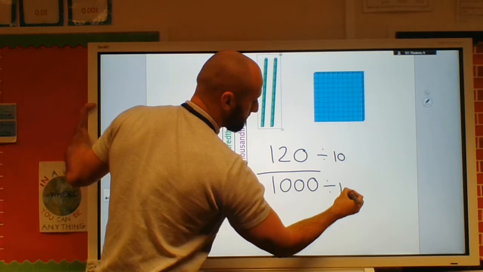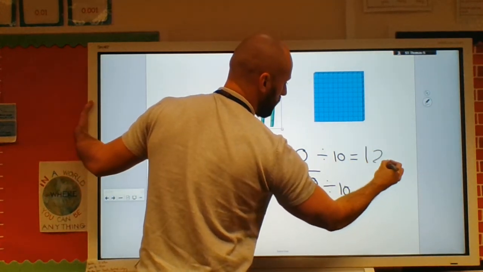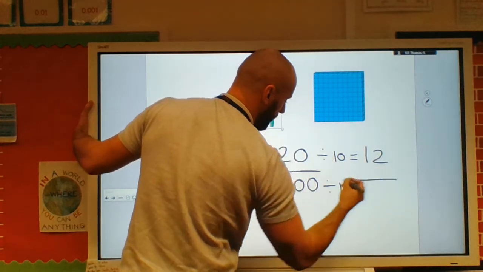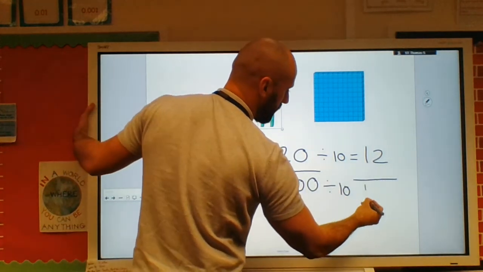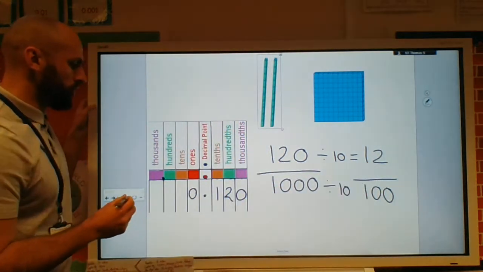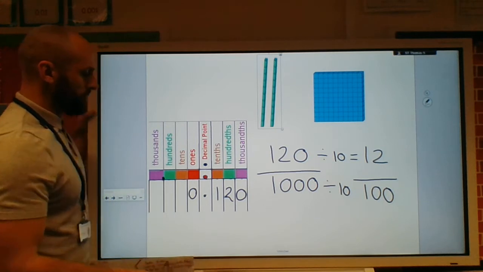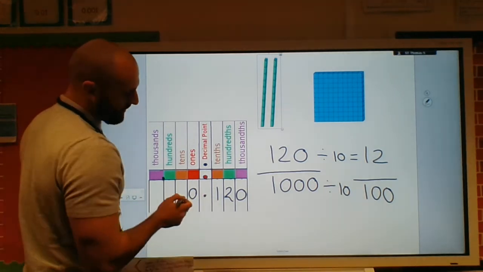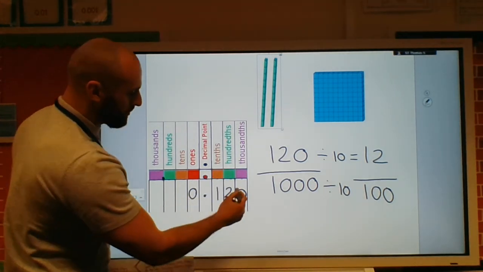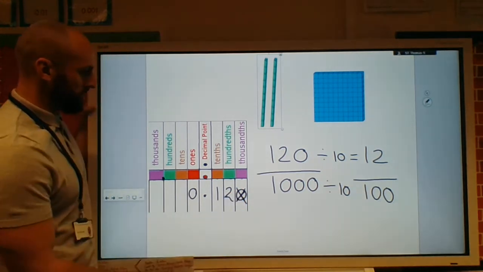So, 120 divided by 10 is 12. 1,000 divided by 10 is 100. I've got 12 hundredths. Okay? Another way to approach that is to look where your final digit is. Well, there's no value in the thousandths.